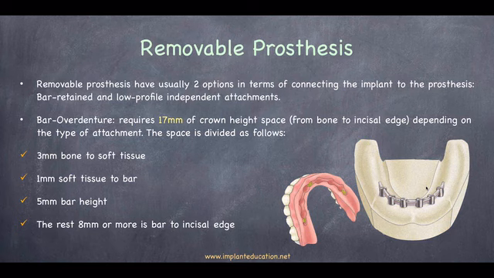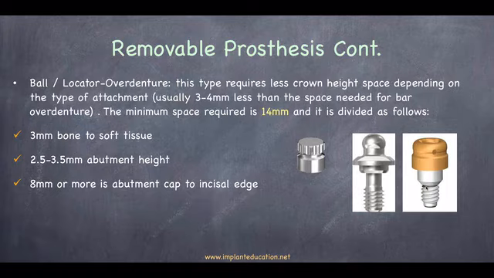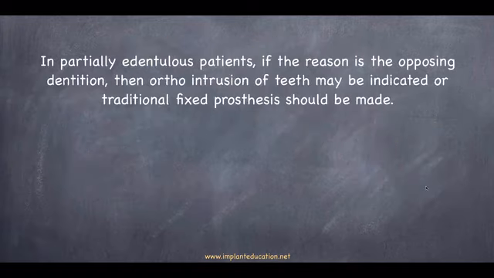Even with the 15 millimeter, we can get away with the bar overdenture as long as the bar is milled, a titanium bar, for example. That would be more biocompatible, more precise fit, lighter, more pure metal, and on top of all of the above, when it comes to vertical restorative space, only 15 would be adequate for that type of prosthesis. So it is very important to go over these numbers again.